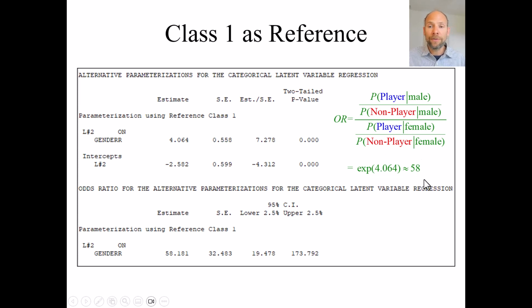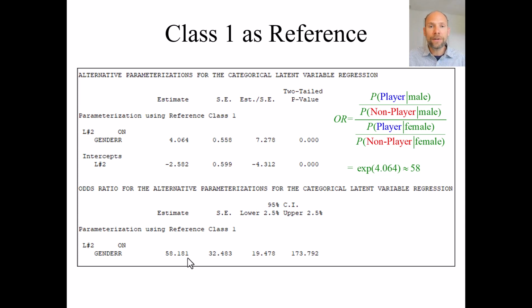So about 58 is now our odds ratio, and that's a lot easier to interpret because it is greater than 1. And so you can see that Mplus in fact gives us the exact odds ratio also here as 58.181. So you don't have to calculate it by hand. Mplus will give you the odds ratio for any reference class, which is nice.